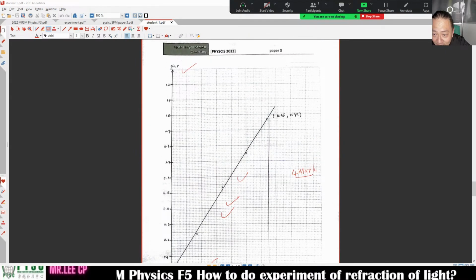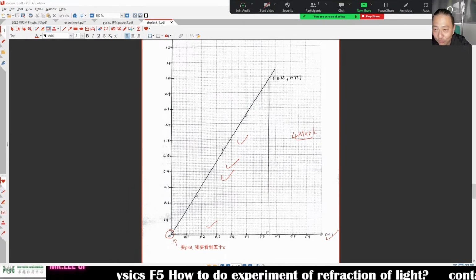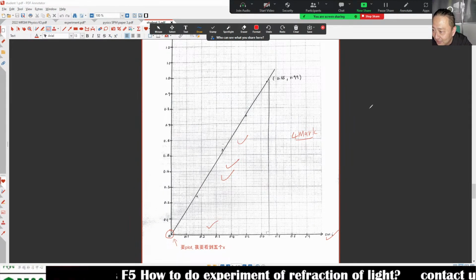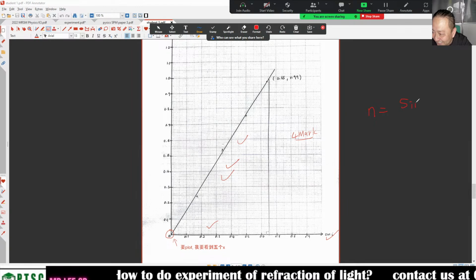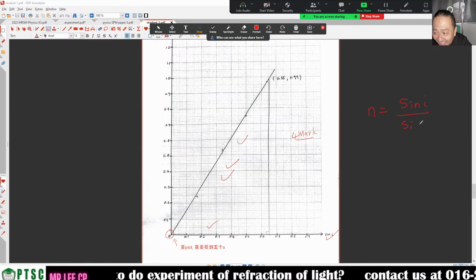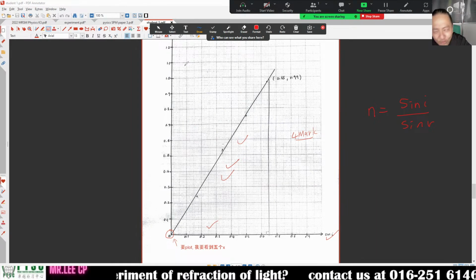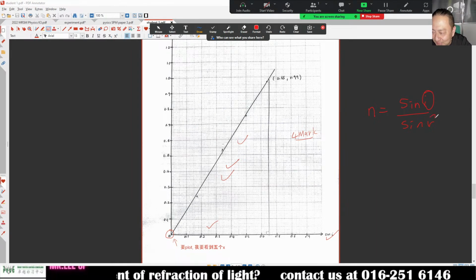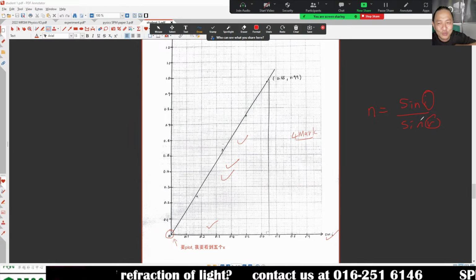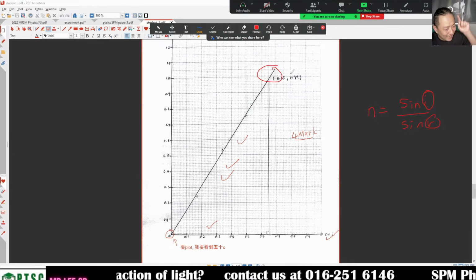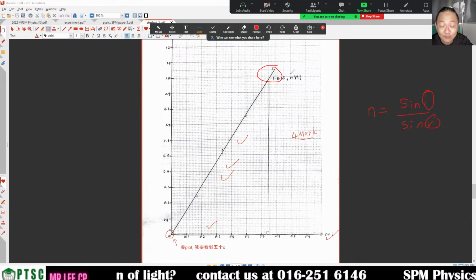Teacher, this is sine R, this is sine I, and then n is equal to... Then isn't this one different? No, I said no. I and R, don't see the formula. Use big over small. If more than one, it is n. Get what I mean here?